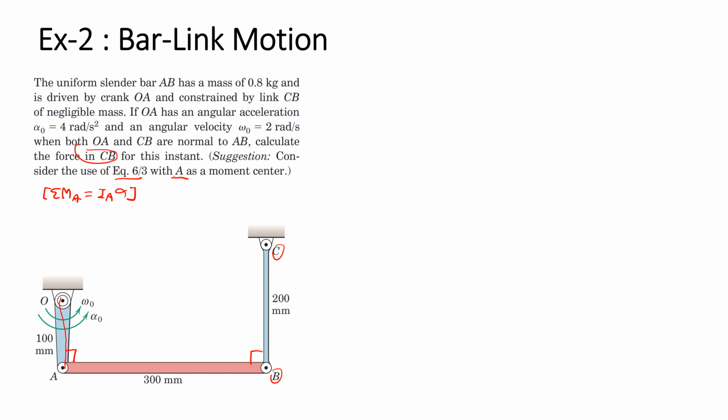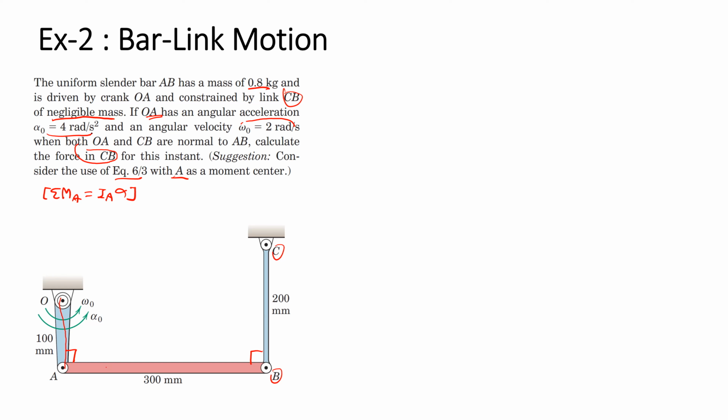In this case, we know the mass of AB, but they mentioned that the link CB can neglect the mass. And for OA, they didn't talk about the inertia property of the OA, but they tell the omega and the alpha of OA.